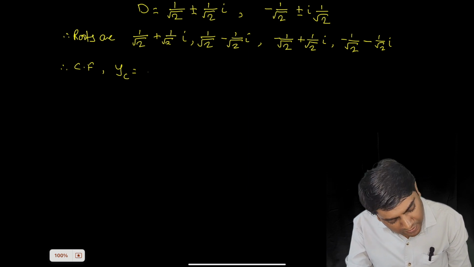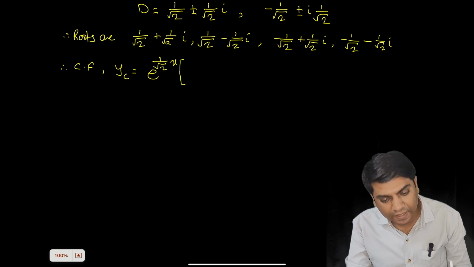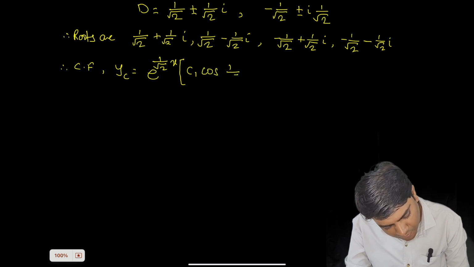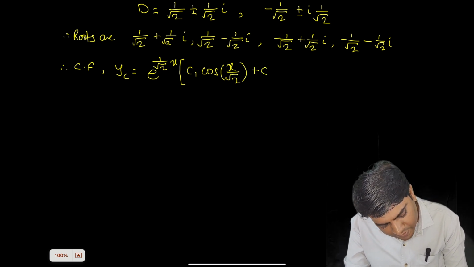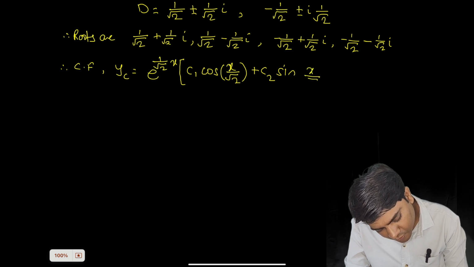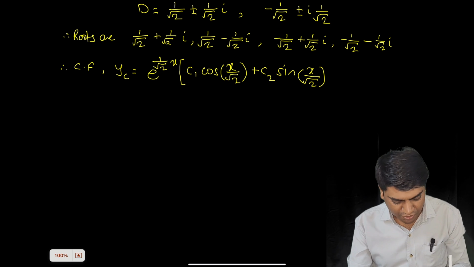So we can write e raised to alpha into x in bracket, c1 cos beta x, that is, x by root 2, plus c2 sine x by root 2. Okay, this is for the first two.